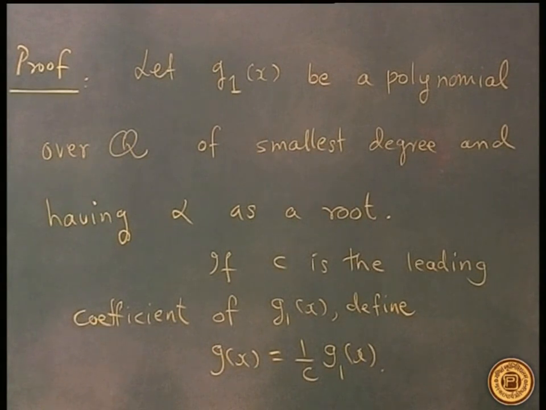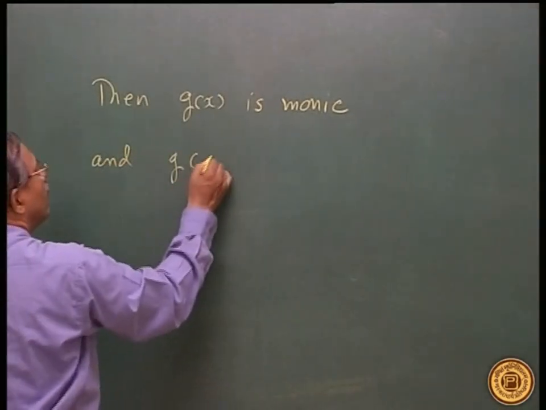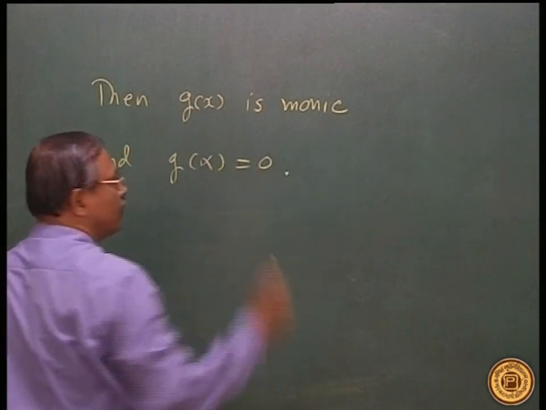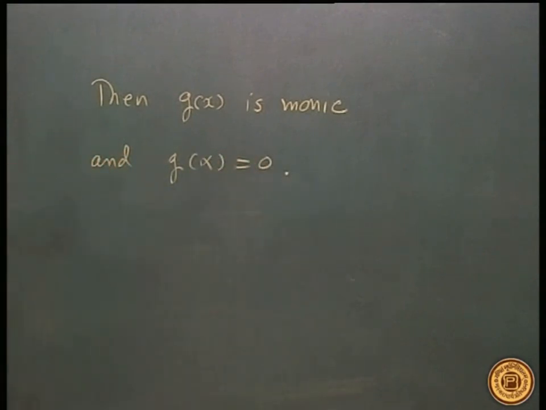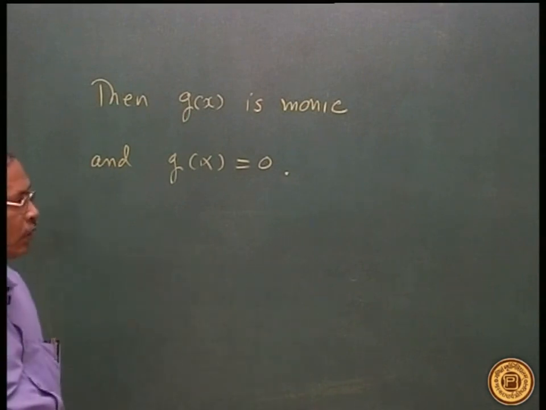Then g(x) is monic and g of alpha equal to 0. g(x) is a polynomial over Q and g of alpha is 0.